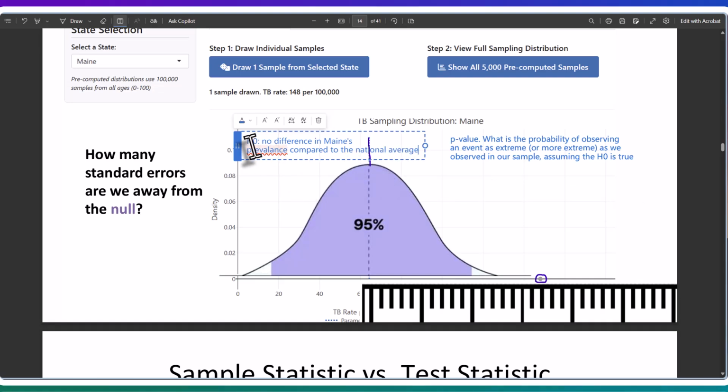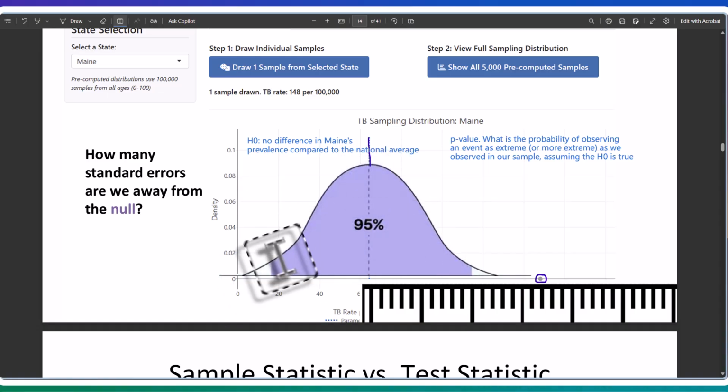If that null hypothesis were true, we would expect sample prevalences to generally be in this purple shaded region. We found something that was pretty extreme, way outside. And so the p-value would just be how often we'd find a result that is as extreme as this or more so. We could even go all the way out to the right.